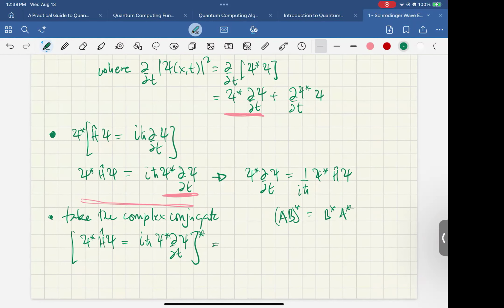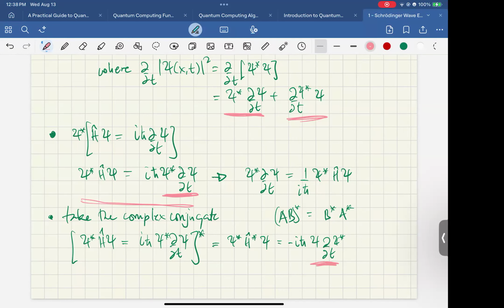So this becomes psi star, H star, and then psi, because the order of psi and psi star is reversed. And of course, the i becomes negative i, and then ħ. Then psi star star is psi. And then we have partial with respect to t of psi star.